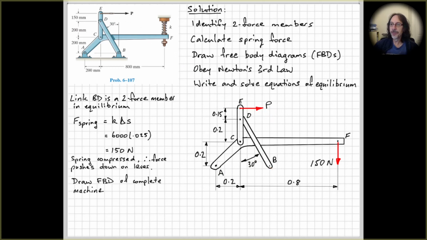Okay, so the next thing to do is to look at the supports at A and B. And if we look at B here, because we've identified BD as a two-force member in equilibrium, we know that this force will be directed along the line joining B to D. And you should know, hopefully, that it doesn't matter what the shape of this component is.